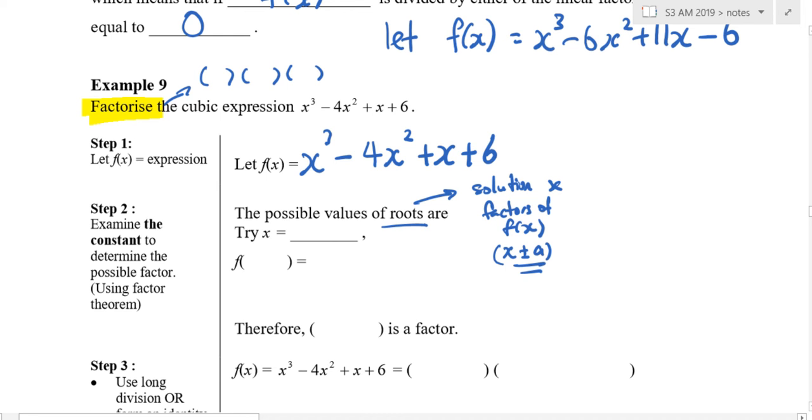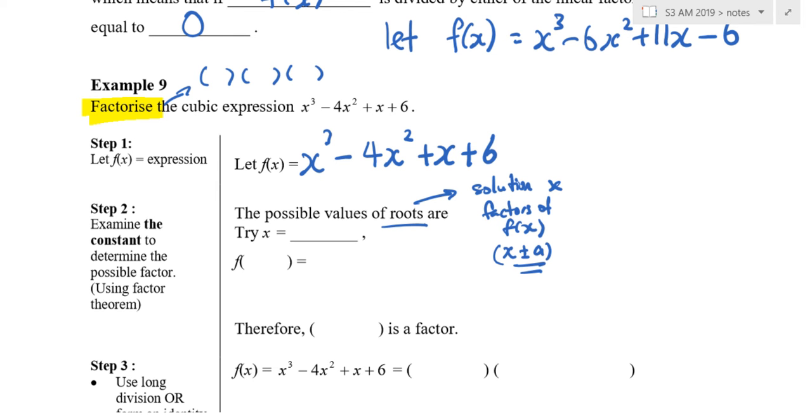So the roots means I want to find the solution. What is the value of x such that it is 0? I want to find what's the factor. Factor means x plus 2, x minus 1, x plus 1, x minus 3. What is that number? Do you see the word try? Try means it's a guess and check.